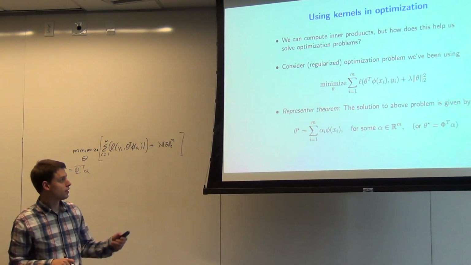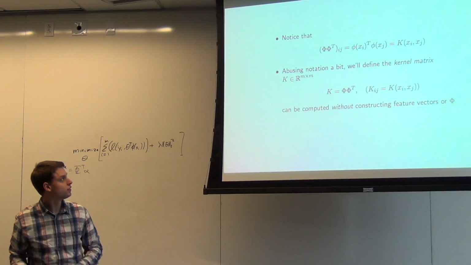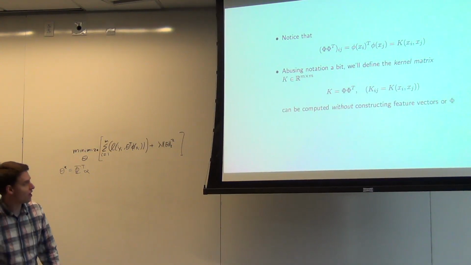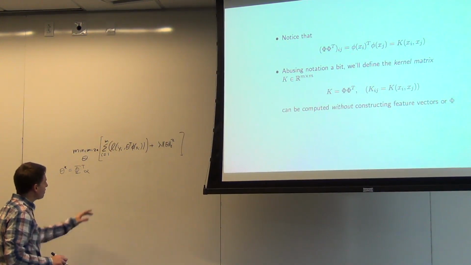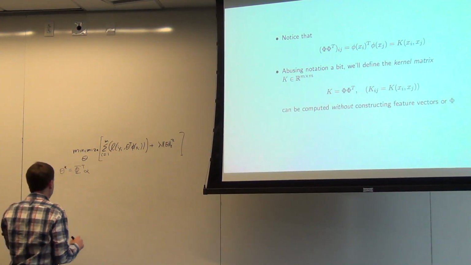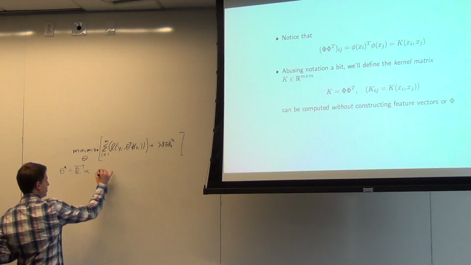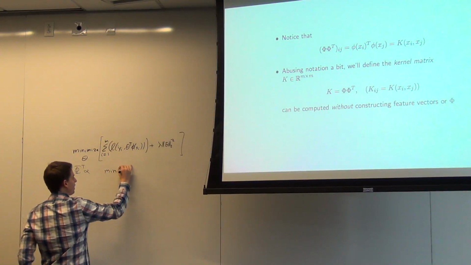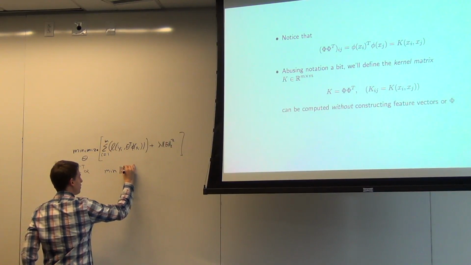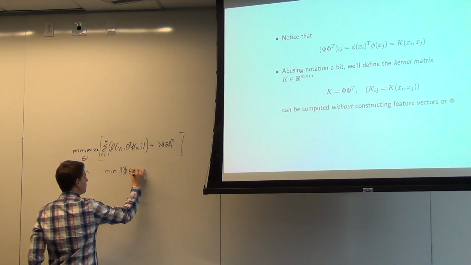Let me add one more thing. Remember the function for least squares was written like this: the 2 norm of phi transpose theta minus y.